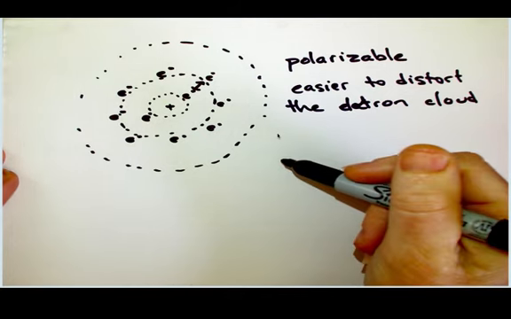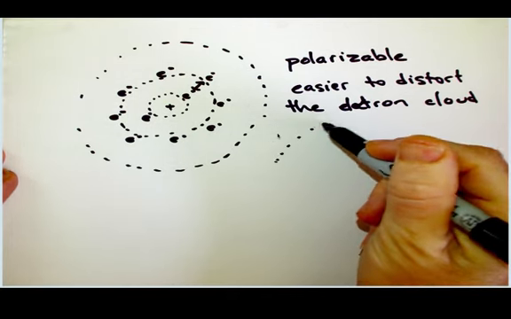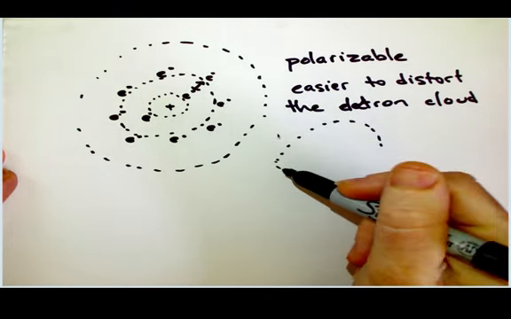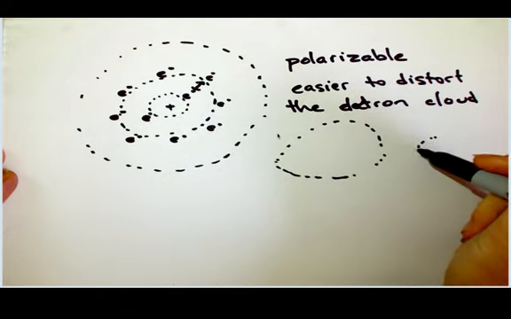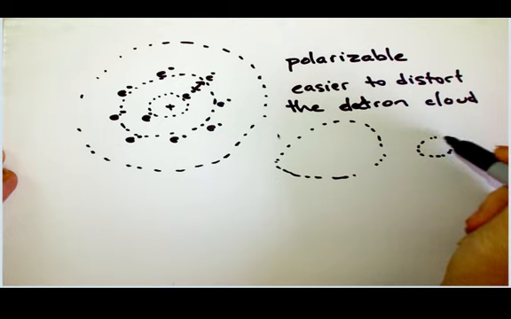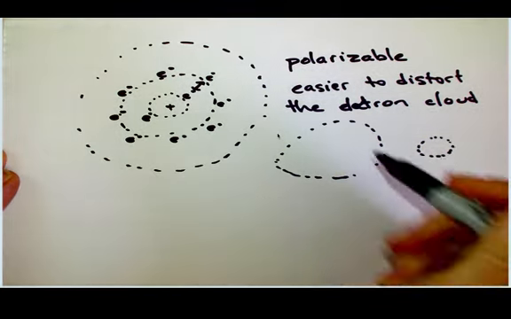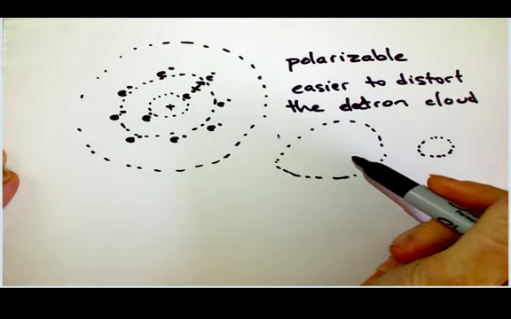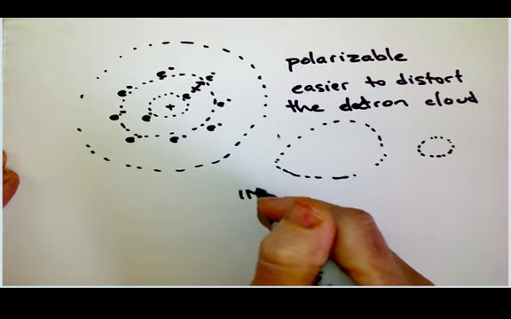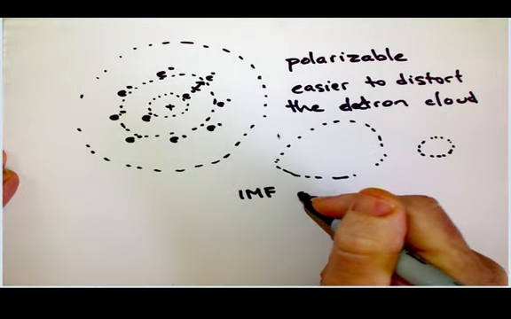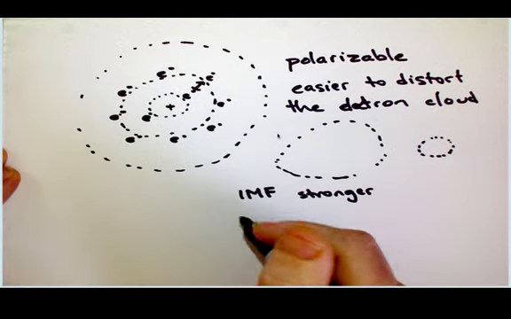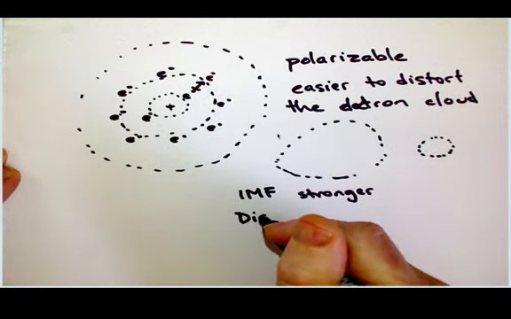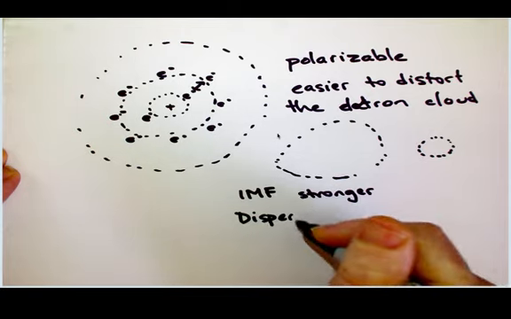It's easier to get an atom or a molecule that looks more like this and less perfectly symmetrical and spherical. So if we can distort the electron cloud more easily, then the intermolecular forces are going to be stronger, particularly the dispersion forces will be stronger for a larger molecule.